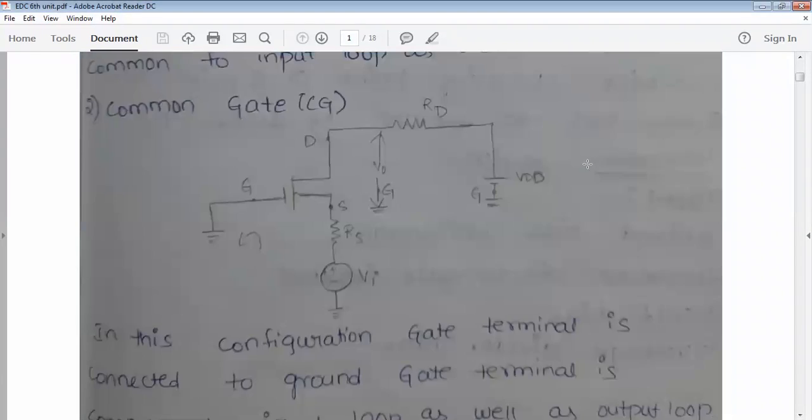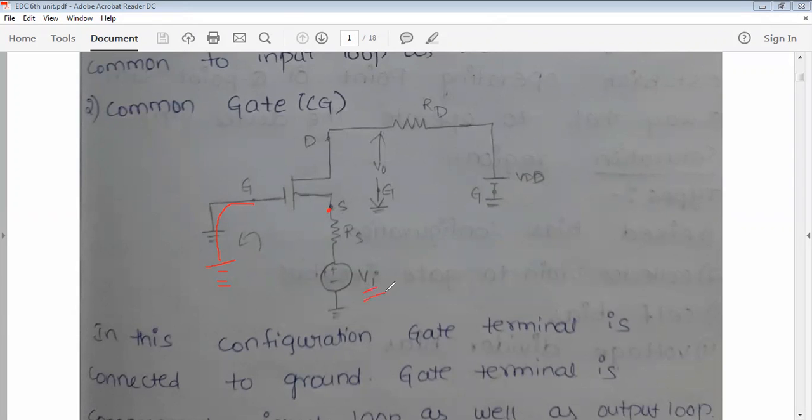The next one is the common gate configuration. Observe here, the gate terminal is directly connected to ground. Now the input is applied through the source terminal via the RS resistor.